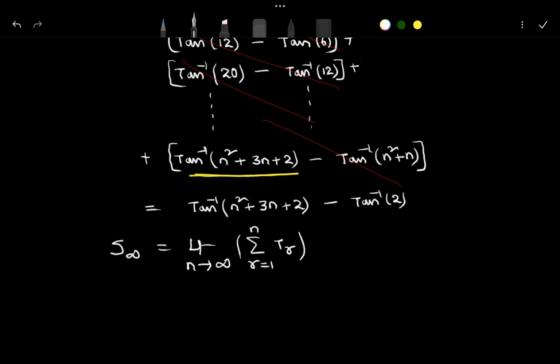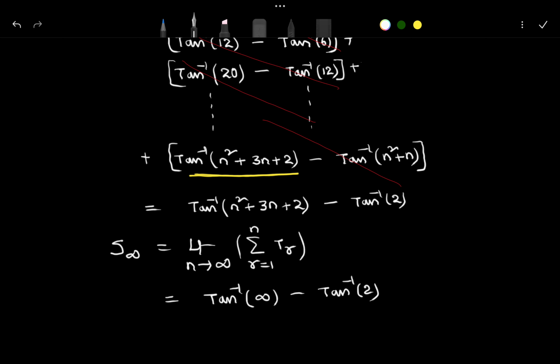This one you already got, the sum of the n terms in the above step. So you put n equals infinity, and that value will be tan inverse of infinity minus tan inverse of 2.